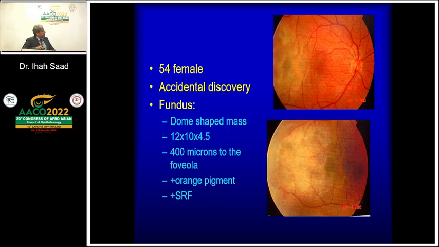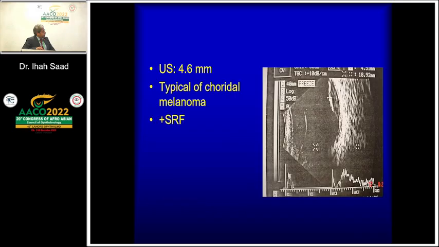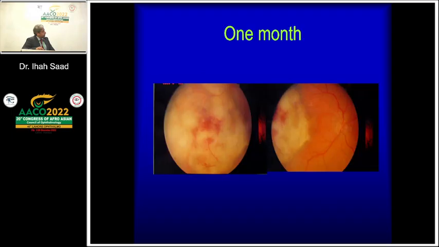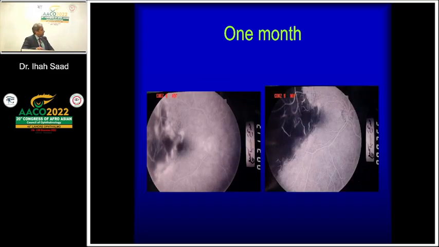This is another young lady, a 54-year-old female, coming with distorted vision. There is a posterior macular melanoma with orange pigment and subretinal fluid. The thickness was 4.6, within the reach of the ruthenium plaque, and we applied the plaque targeting 80 gray at the tumor apex. The plaque was removed in a few days and she was treated with thermotherapy as an adjunctive treatment.